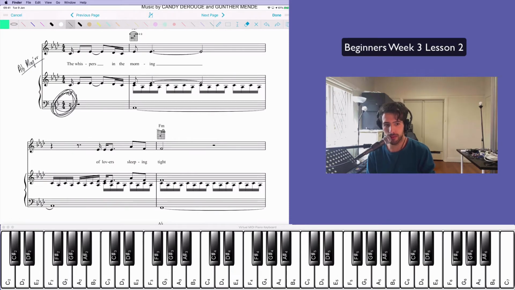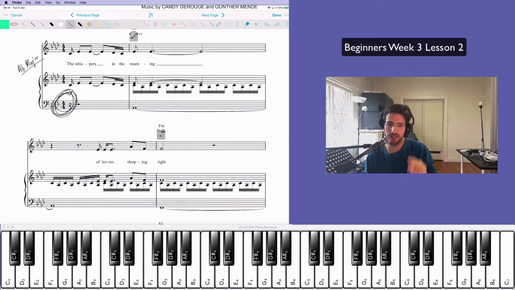So the bottom note is indicating that it's quarter notes, and the top number is indicating how many. So the top is how many, the bottom is the value. So it's 4 crotchets in a bar.